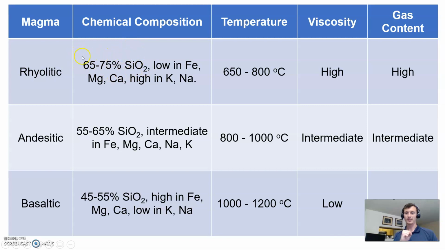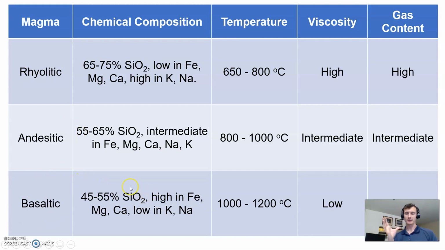Stuff which is mostly silicate, low in terms of iron, magnesium, and calcium, so low in terms of these certain larger metals, and high in terms of alkali metals, potassium and sodium here, low temperature, high viscosity, high gas content. Because this stuff is so viscous, it's so sticky, it tends to bring a lot of gas with it.